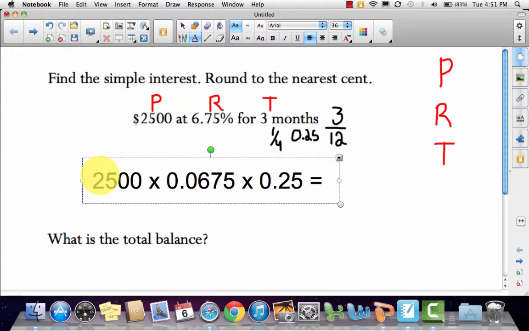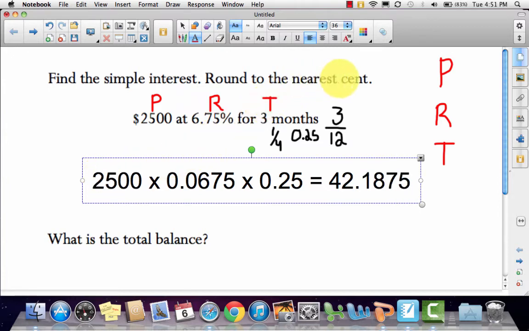So if we put that in our calculator, 2,500 times 0.0675 times 0.25, we get a total of 42.1875. And now I have to think about how I'm going to round to the nearest cent or to the hundredths. The 8 sits in the hundredths place, and the number right next to it is a 7, which tells me the 8 will bump up. So this will round to $42.19. And since it's money, we'll label it with a dollar sign.